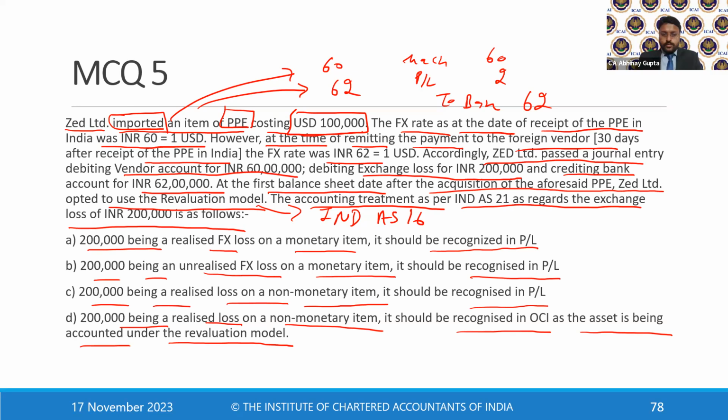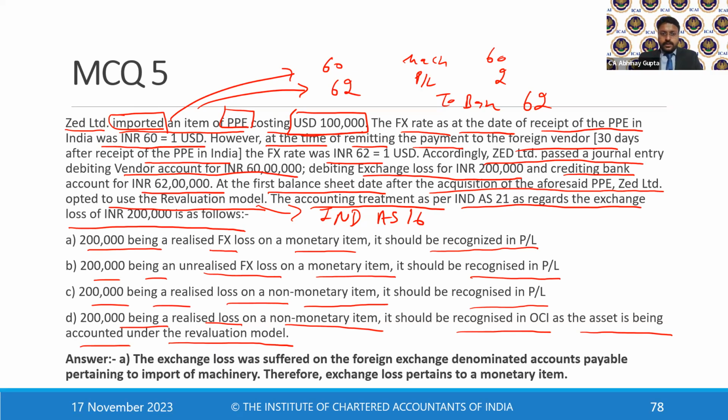Okay, I think you must have tried by now. Let's see what the correct answer is. The correct answer is option A. The exchange loss was suffered on the foreign exchange denominated accounts payable pertaining to the import of the machinery. Therefore, the exchange loss pertains to the monetary item.